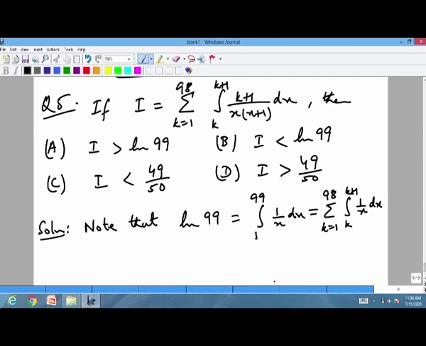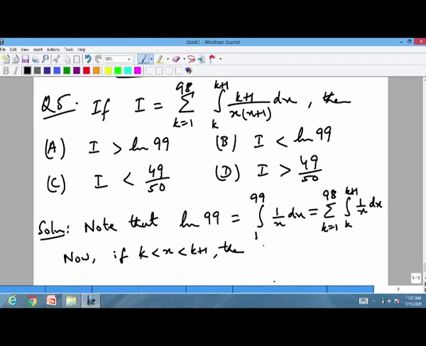So, now note that if x is greater than k and less than k plus 1, then here we had the integral of (k plus 1) by x times (x plus 1).